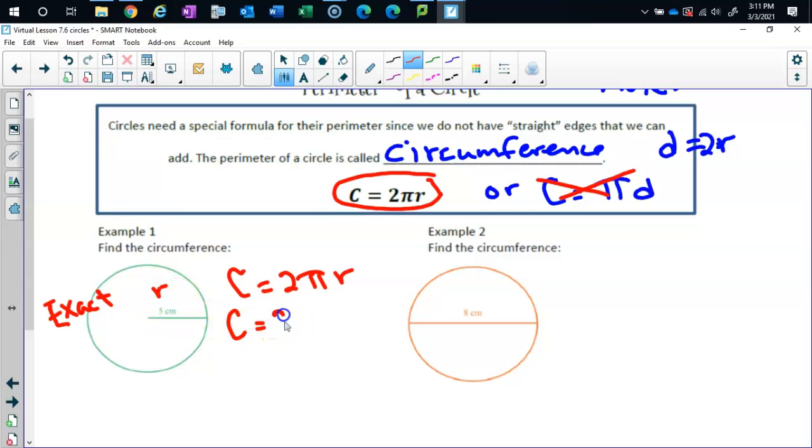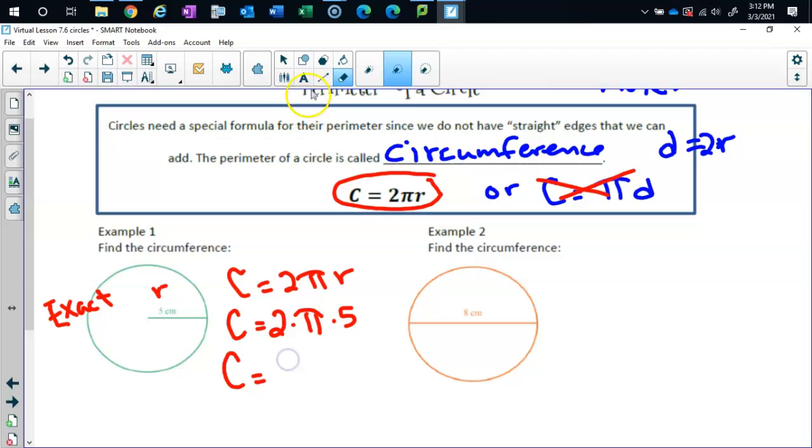Radius is 5. 2 times, we leave pi as pi, times radius is 5. Okay, that's our radius. 2 times 5 is 10. So our exact circumference is 10 pi. Because you leave pi as pi, unit will be centimeters. Okay, just centimeters because it's perimeter.